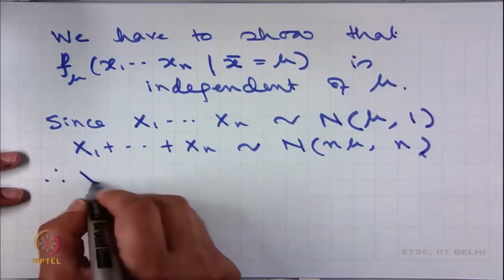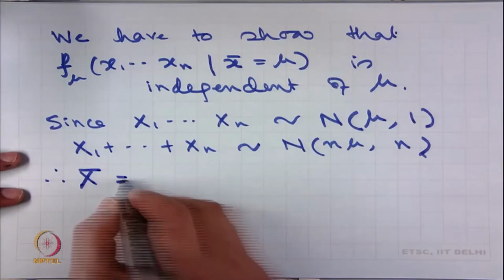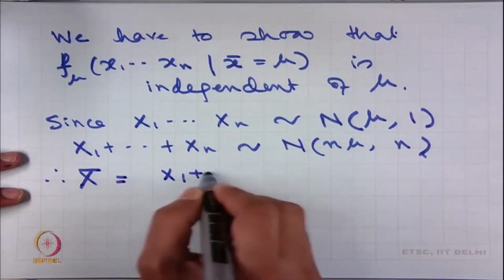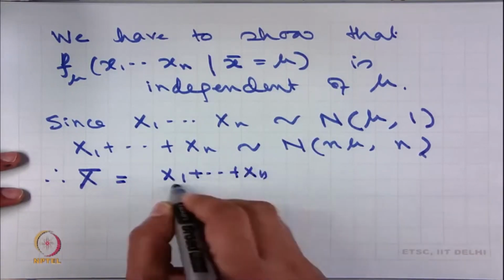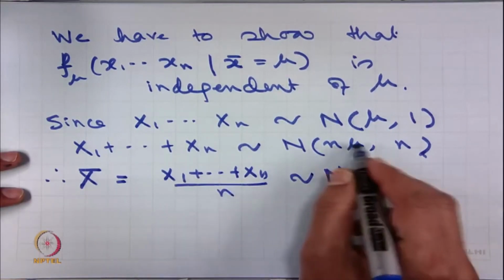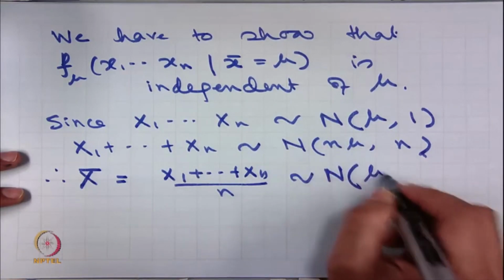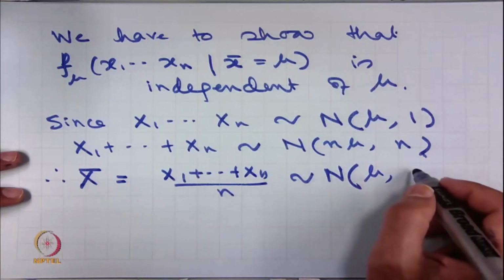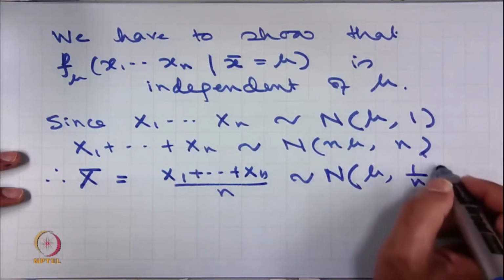Therefore, x bar, which is x1 plus x2 plus ... plus xn by n, is distributed as normal with mean mu and variance 1 by n.